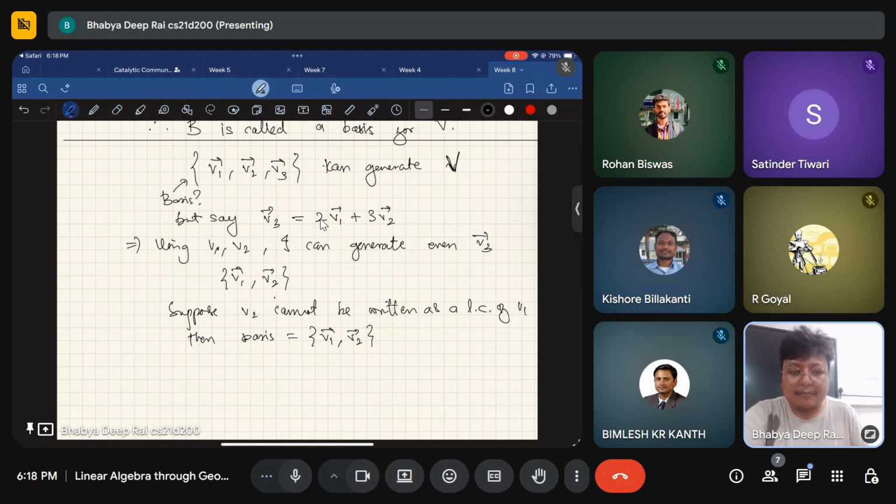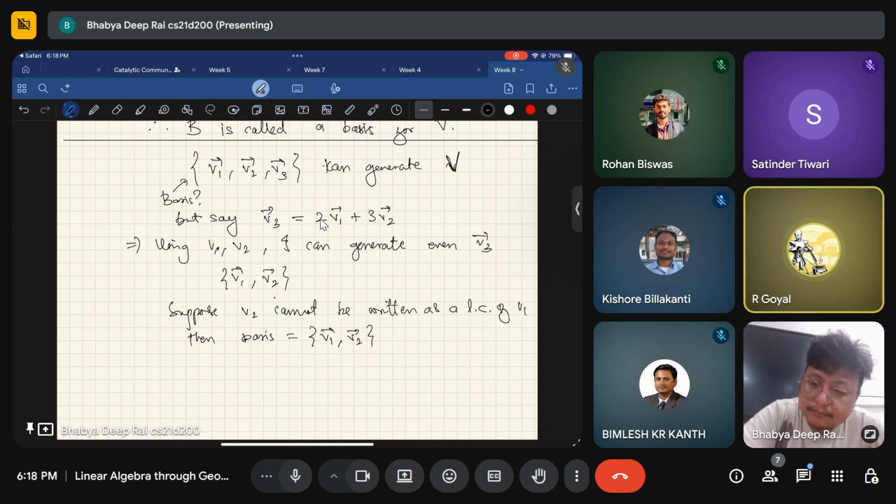Yeah, I have a question at this point. Why don't we often talk about the non-linear combination of the vectors? Is this because this is linear algebra, or is there some other reason that we are not interested in knowing what can be produced by the non-linear combination of the vectors?